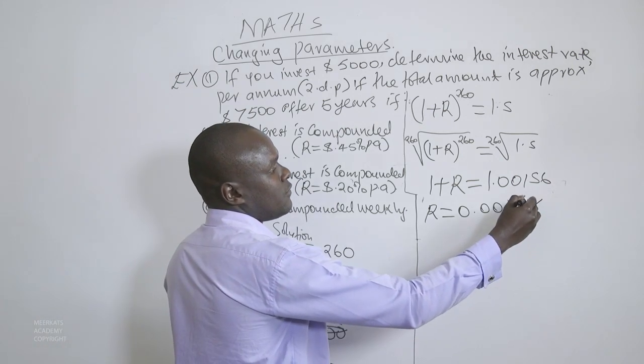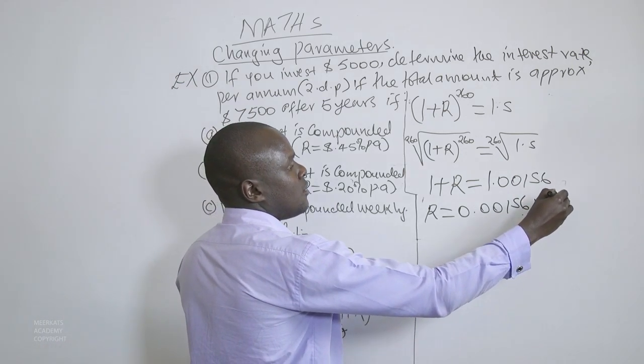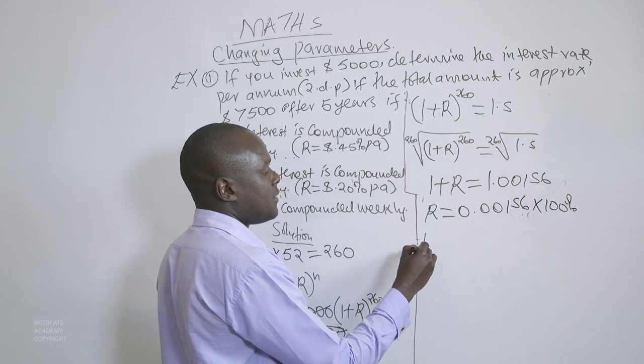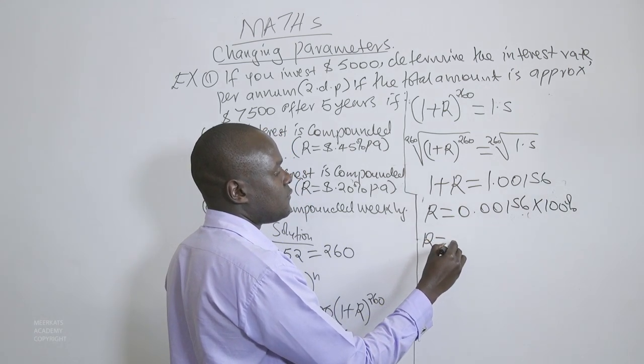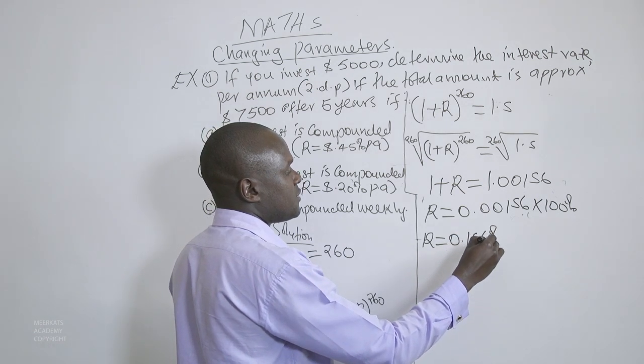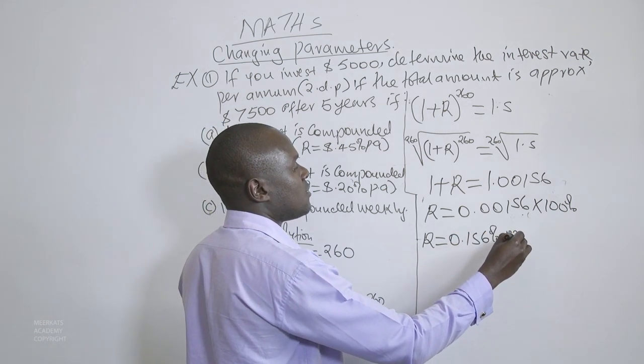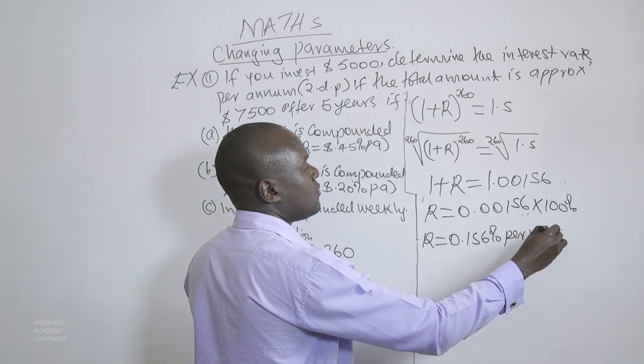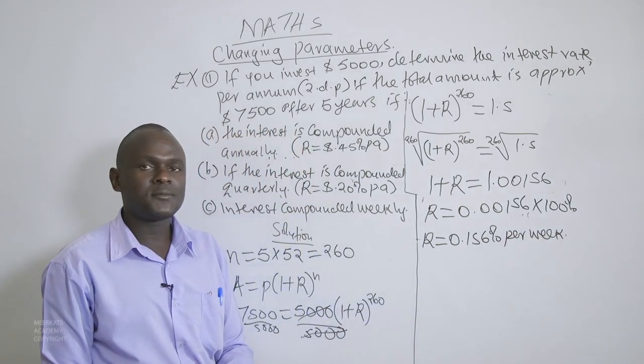To convert this into a percentage, we multiply by 100, giving us the rate of 0.156%. This is per week.